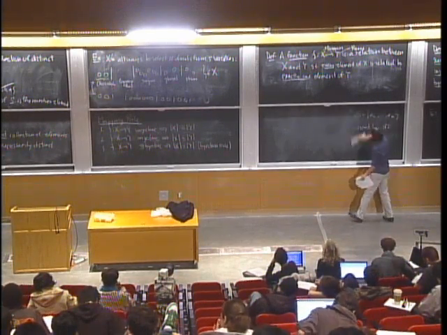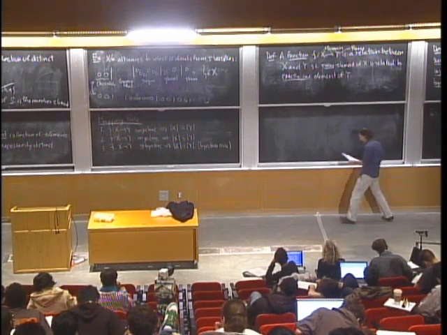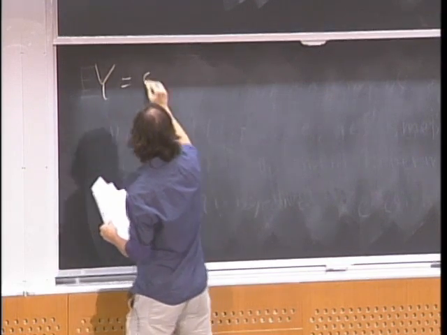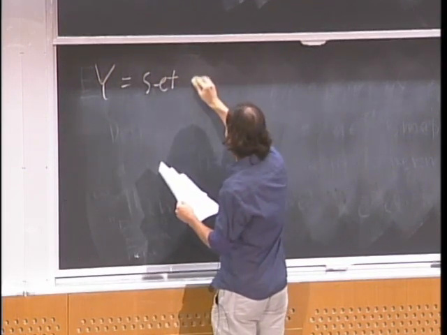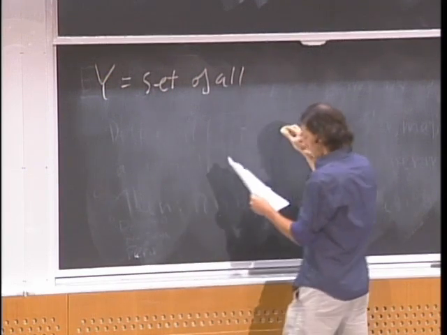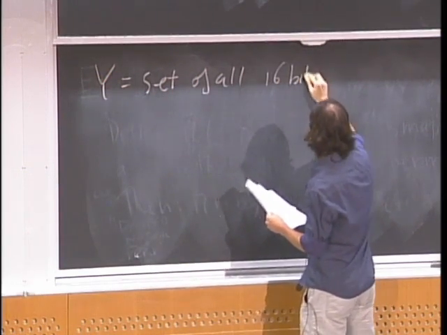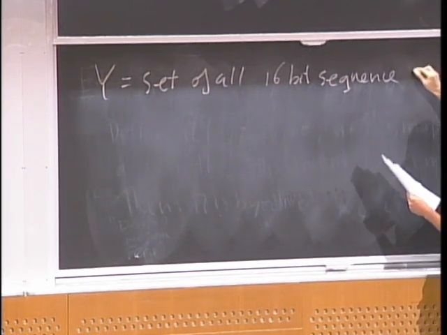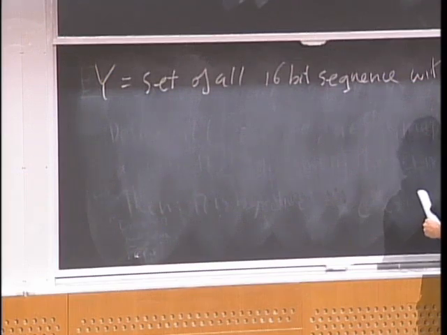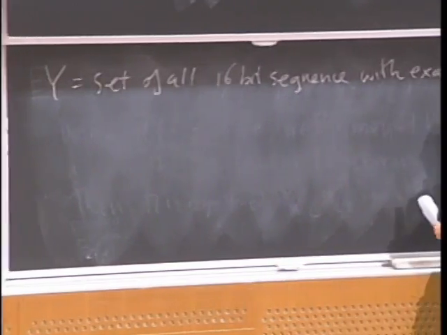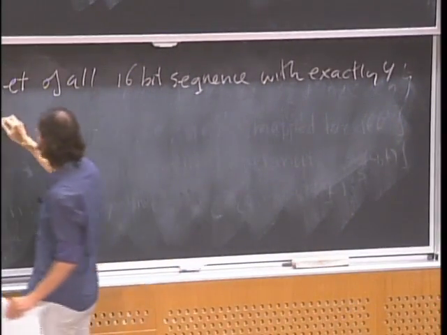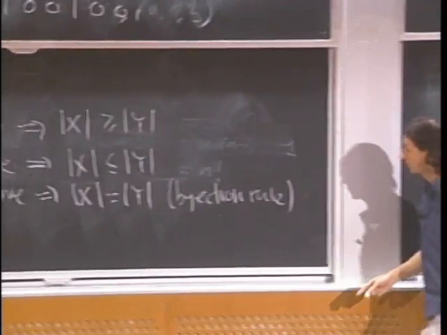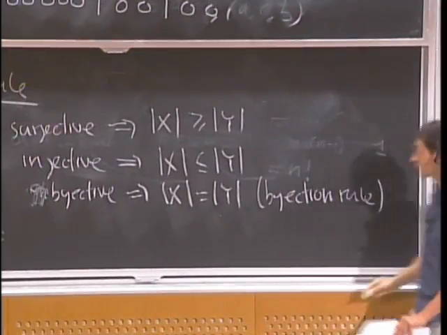So if we are going to define Y as the set of all 16-bit sequences with exactly 4 ones, then we know that by the bijection rule, we have created this bijection over here, so the cardinalities of X and Y are exactly equal.